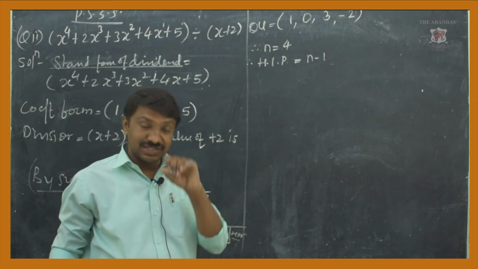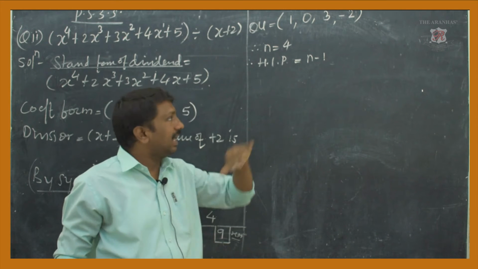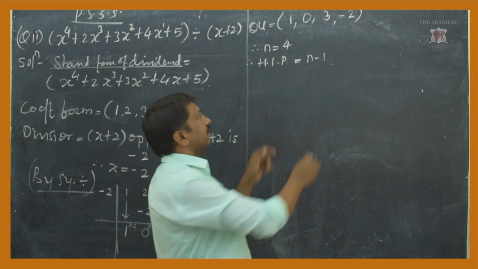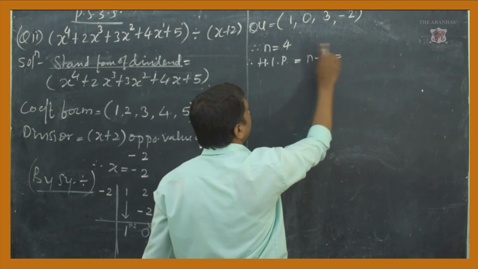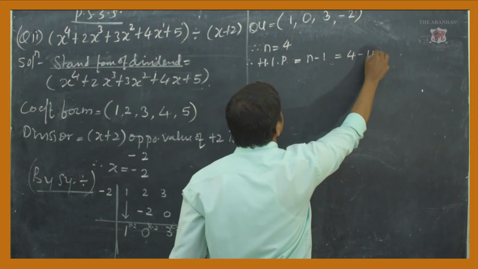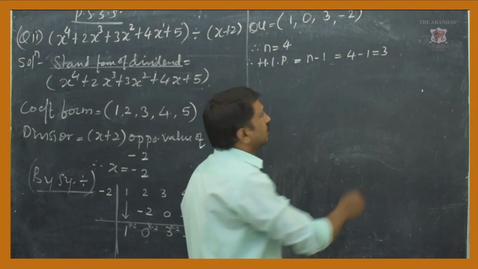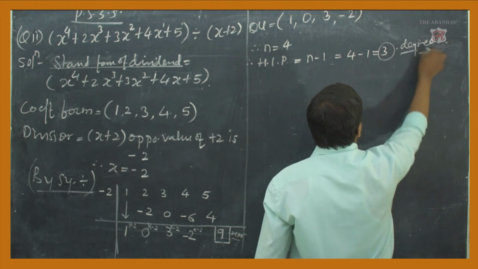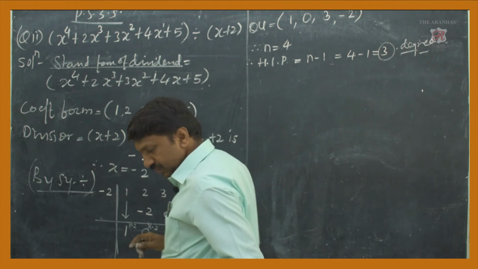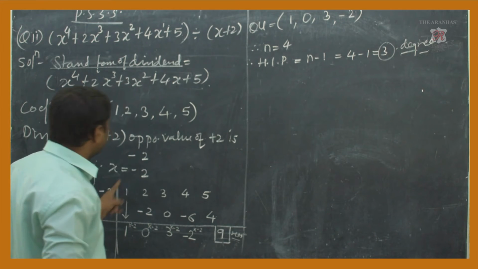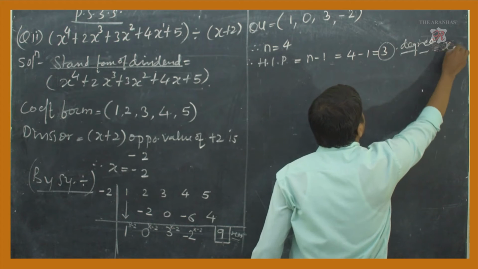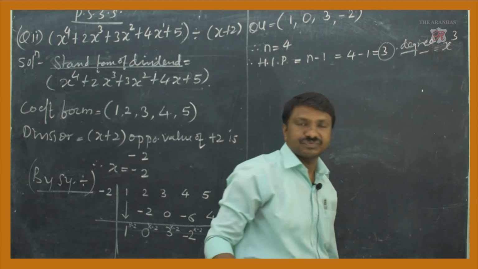We studied this in practice set 3.1, that part is going on, but I am explaining in detail. Here n is 4, so this will be 4 minus 1, which is equal to 3. So the degree of the first term will be 3. And the variable is x, so we are going to get x cube.